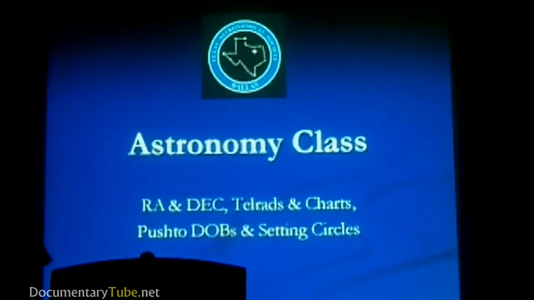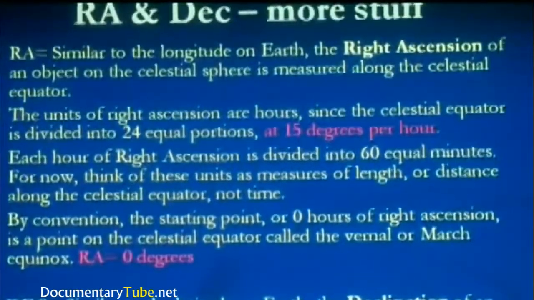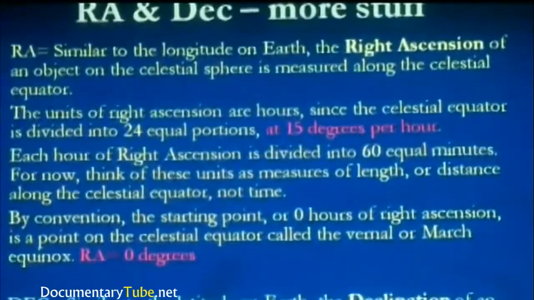I'm also going to show a program. Right ascension is going to be those pie slices of the sky that line up with longitude. But unlike longitude, we're going to talk about those in terms of hours and minutes. So a complete arc, 360 degrees, is going to be divided up into 24 hours.